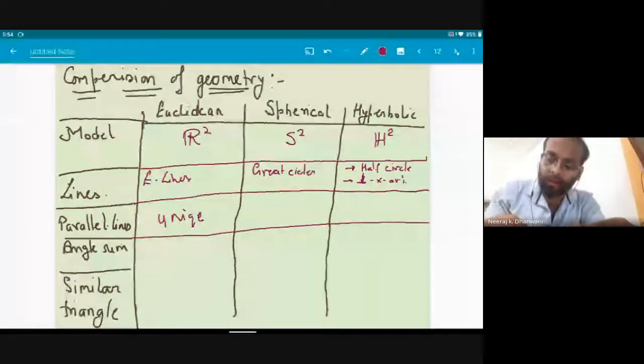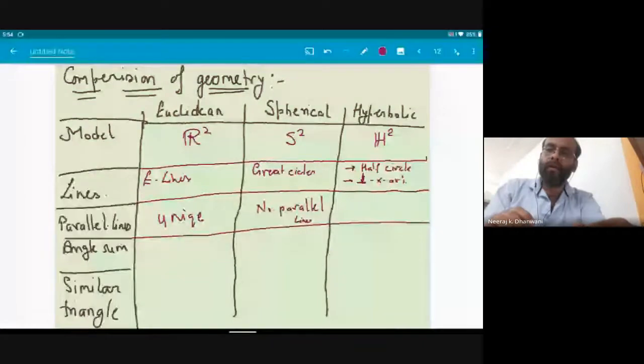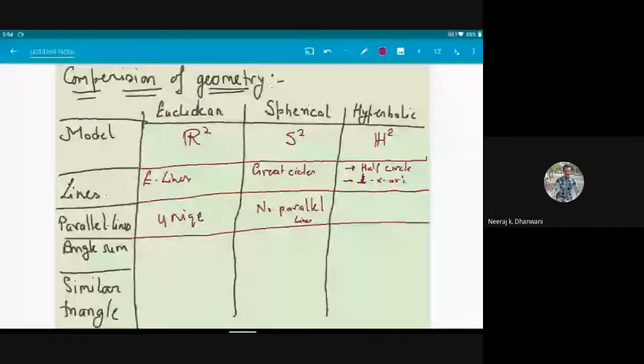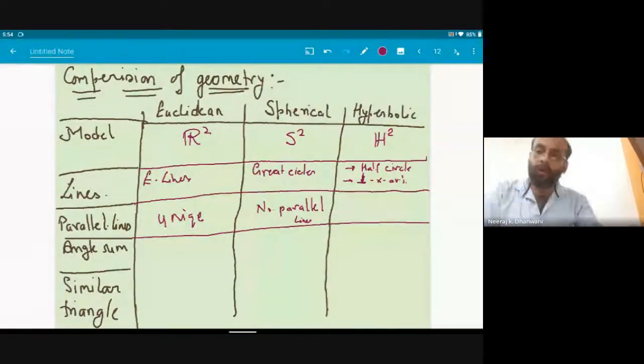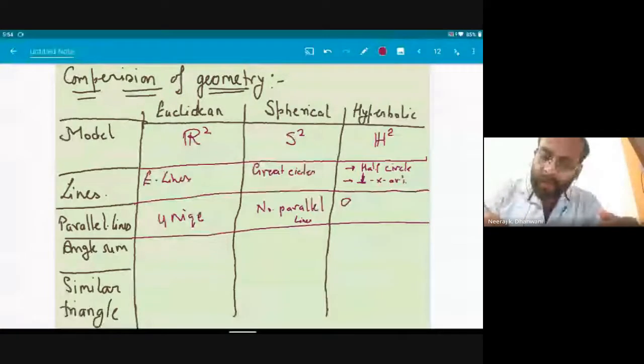In spherical geometry, there is no parallel line. So you have no parallel lines, but in hyperbolic geometry, you have infinitely many.